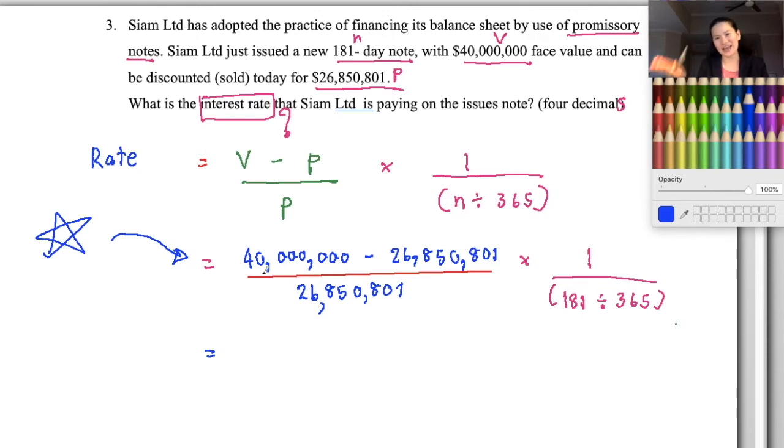Substitute them in the formula first before you paste them into the calculator. Let's see you and I who will finish first.